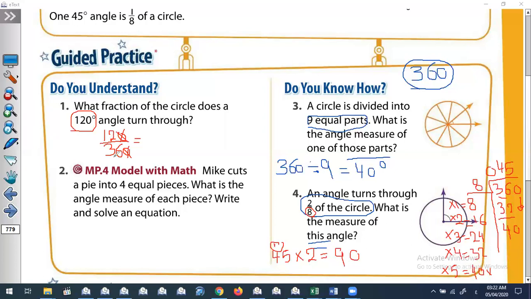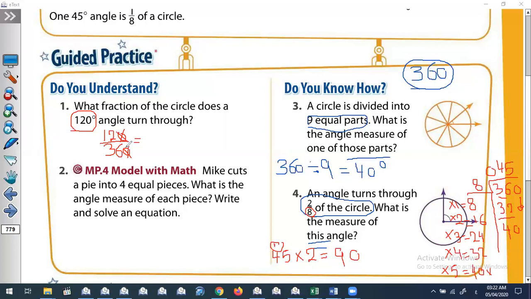12 and 36, both of them in table 12. And also in table 2, and also in table 3, and also in table 4. But we are going to take the biggest number.